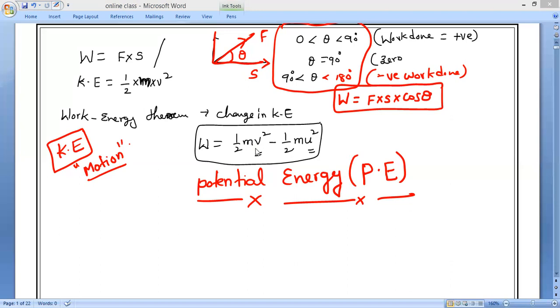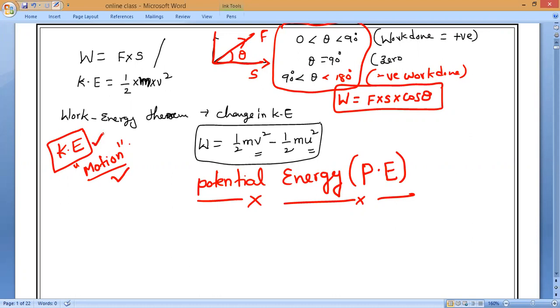Any object possesses kinetic energy when it is in motion or when it is displacing. So the energy released by the body due to its motion is called kinetic energy.